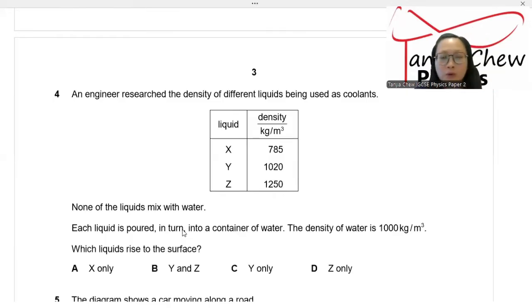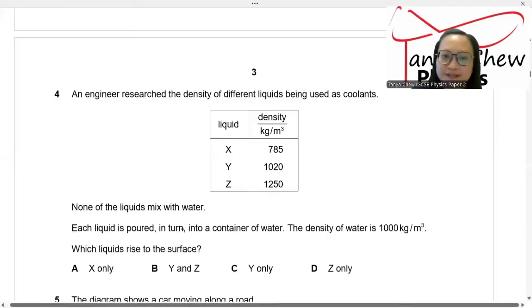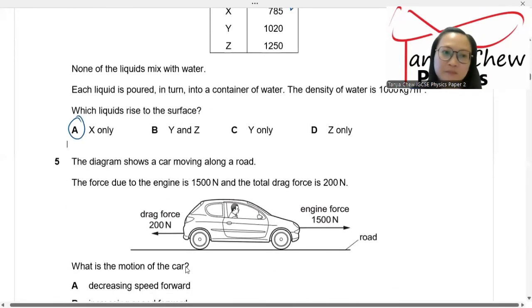If you want the liquid to rise to the surface, the density of the liquid must be smaller than the density of the water. Since the density of the water is 1000, the only one that has a smaller density is liquid X. So that is why X only is the answer.